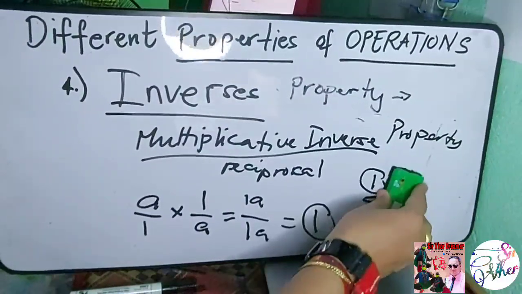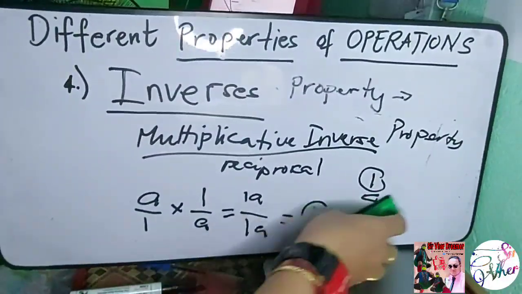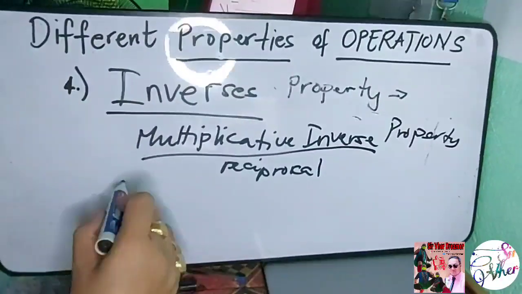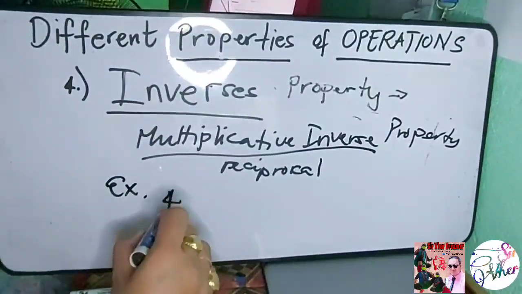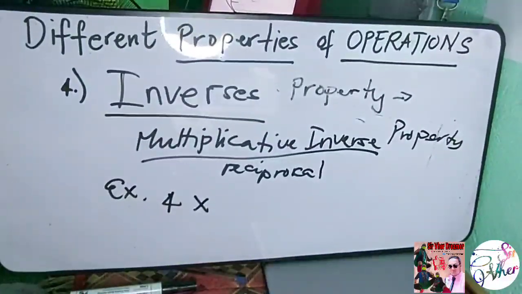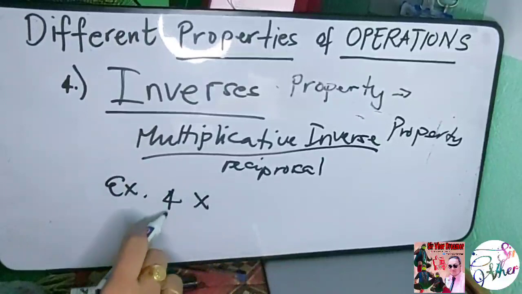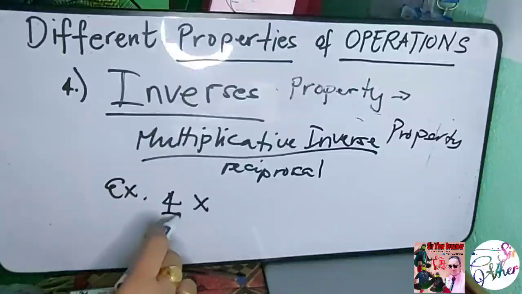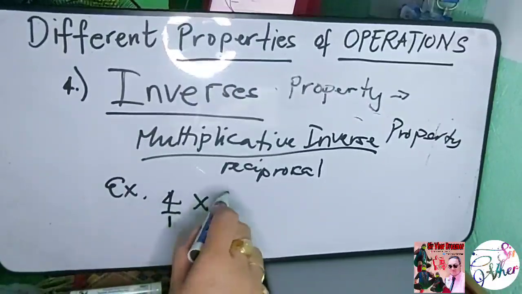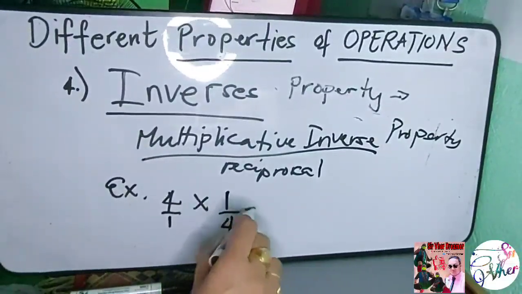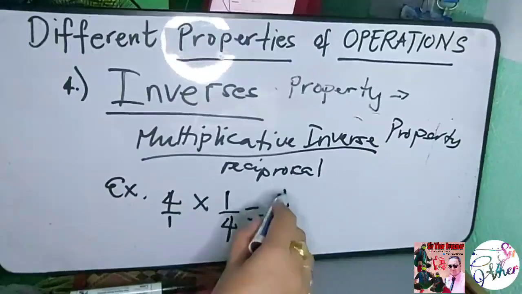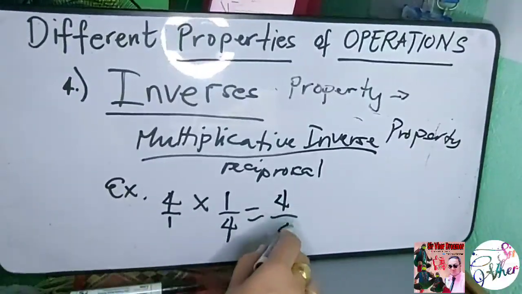For example, 4 times the multiplicative inverse, or the reciprocal, of 4. A whole number is understood to always have a denominator of 1. So get the reciprocal, 1 over 4. Get the product. 4 times 1 is 4, over 1 times 4 is 4.